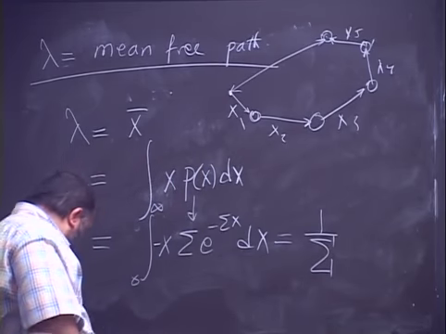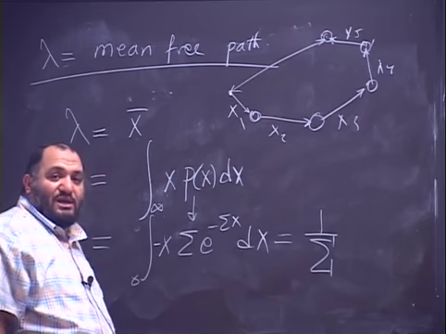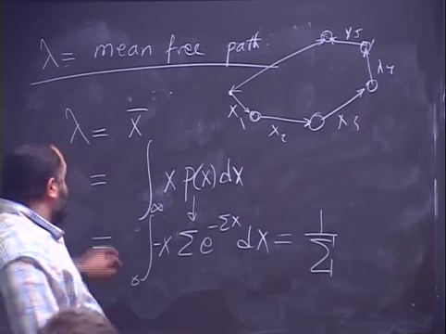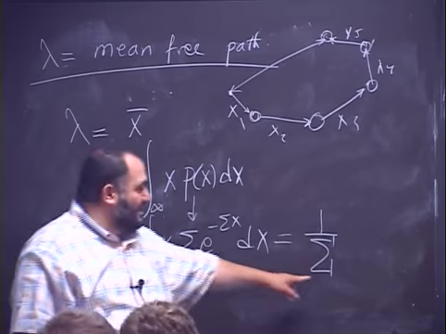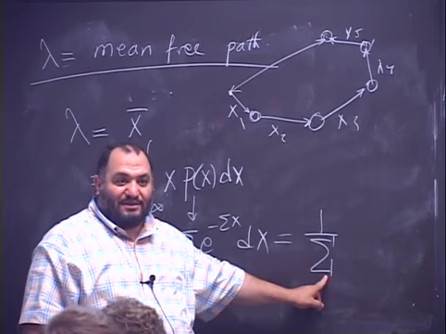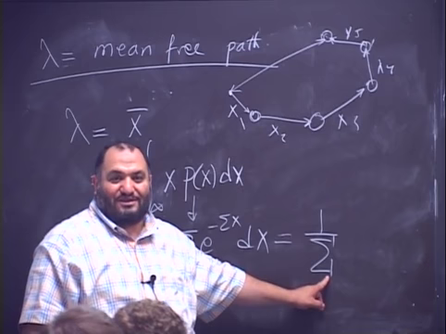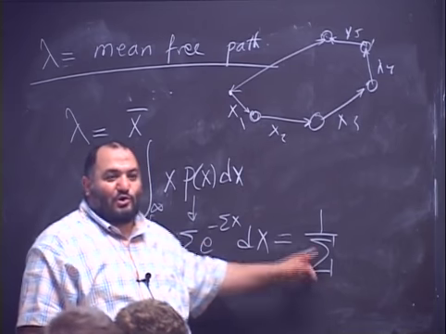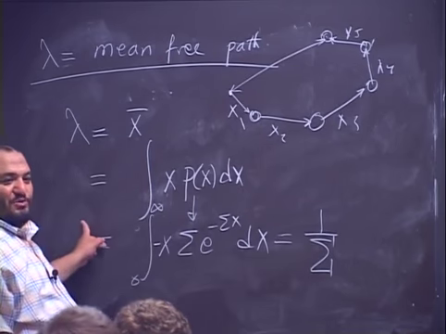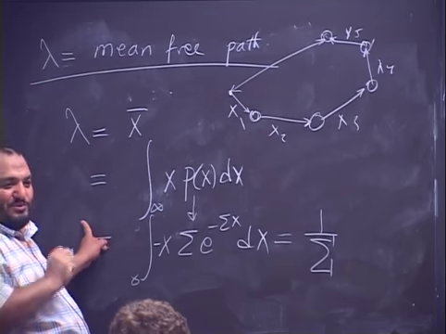So in this case, we reach the end of the class today, and we understand that the mean free path is equal to what? 1 over what? Sigma. And it makes sense. Why? If you have a very high cross section, like boron, the mean distance between collisions will be very, very small, because the neutron will get absorbed so quickly.